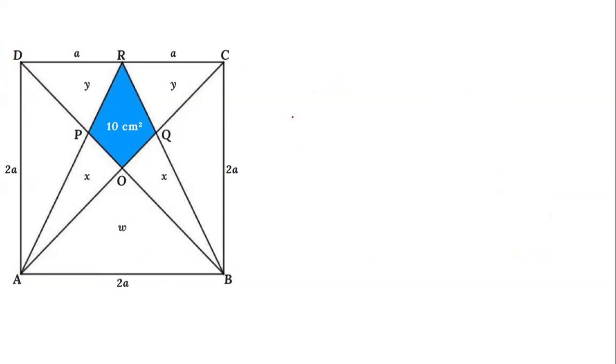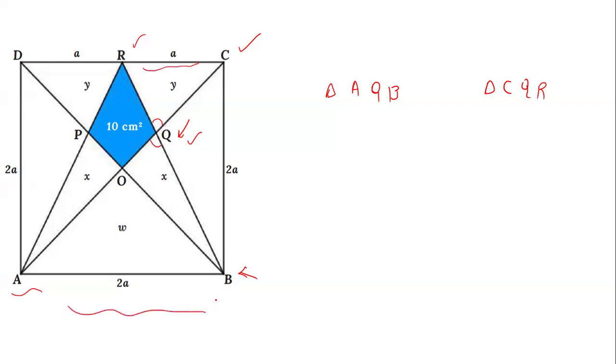Now you consider triangle AQB and triangle CQR. You know that these two are opposite angles, so these are the same. And this horizontal line is parallel to this horizontal line, so this angle is the same as this angle and this angle is the same as this angle.